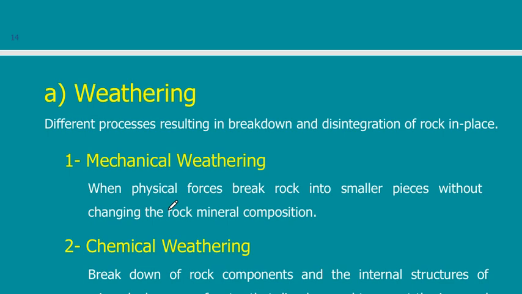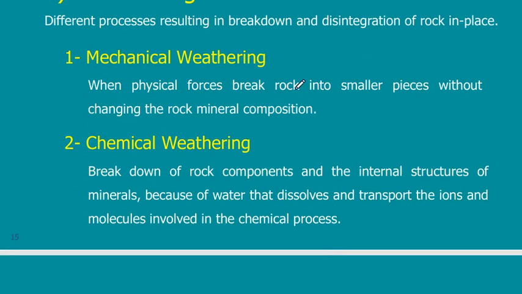Because of the effect of the wind and the water vapor and everything on the earth. So weathering can be mechanical weathering or chemical weathering. Mechanical weathering means the weathering happens due to movement, but chemical weathering happens just because of materials coming in contact with each other, reacting with each other, ending up weathering this material.